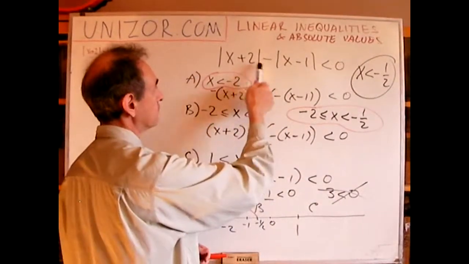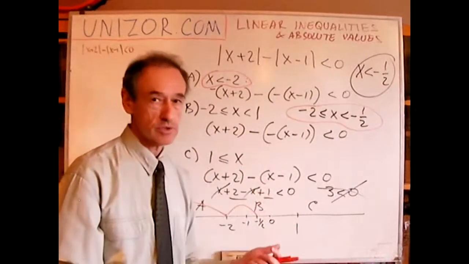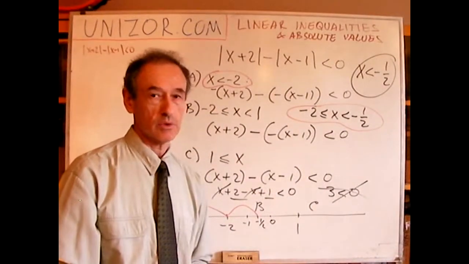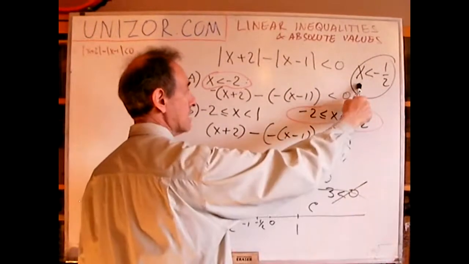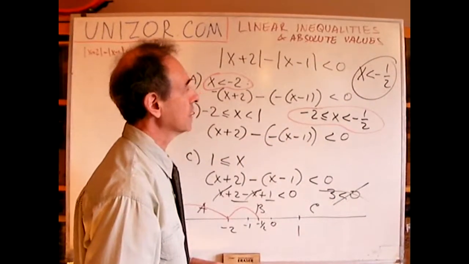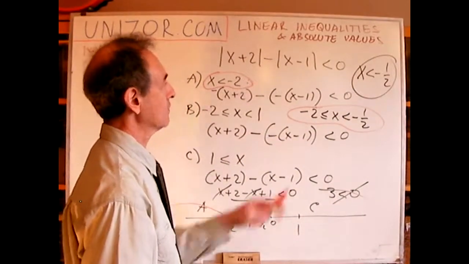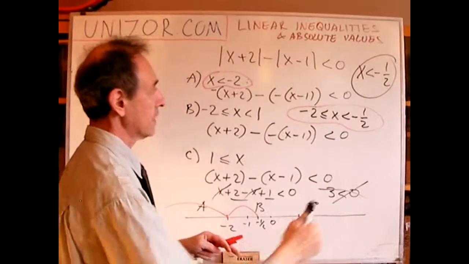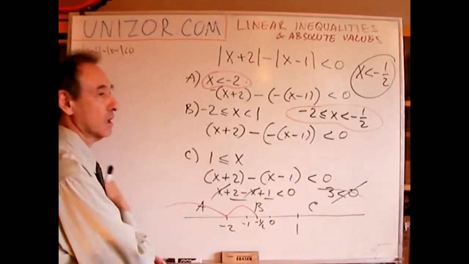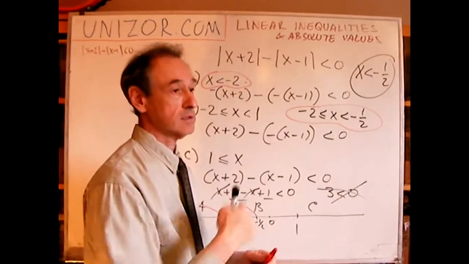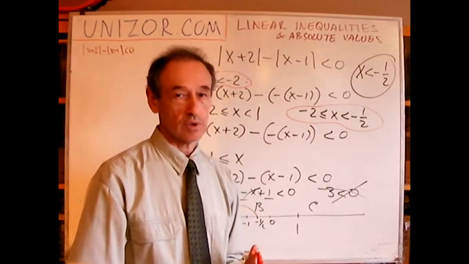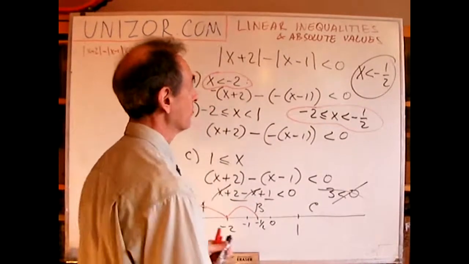So it's 1.5 minus 1.5 equal to 0, which is exactly what we were looking for. So at the point x equals minus 1/2, this is 0, and everything to the left of it would be less than 0. And incidentally, everything to the right will be greater than 0.